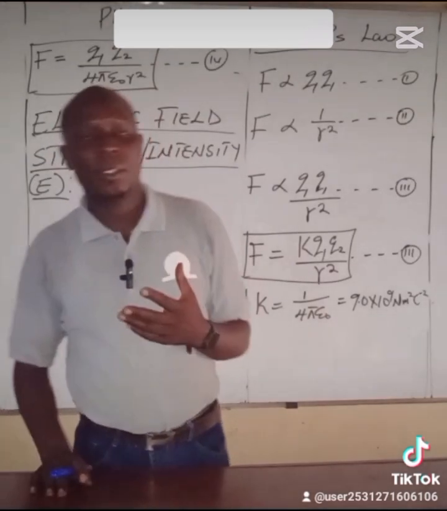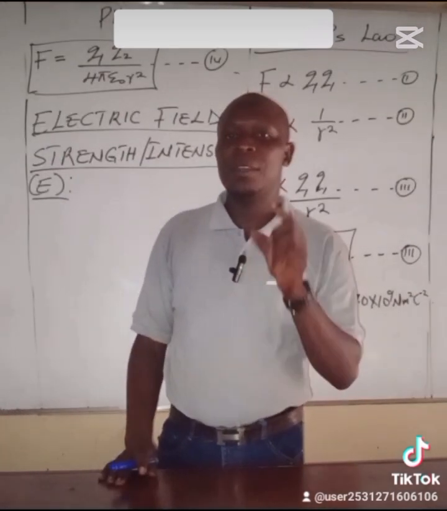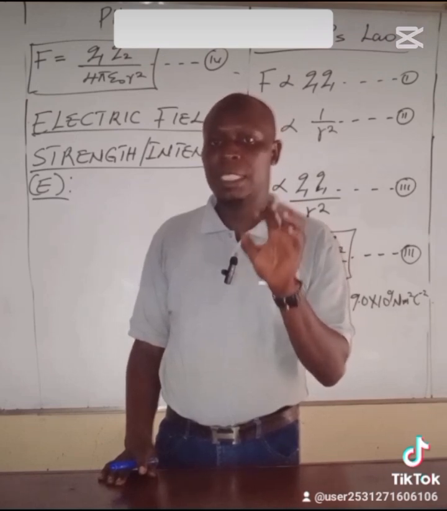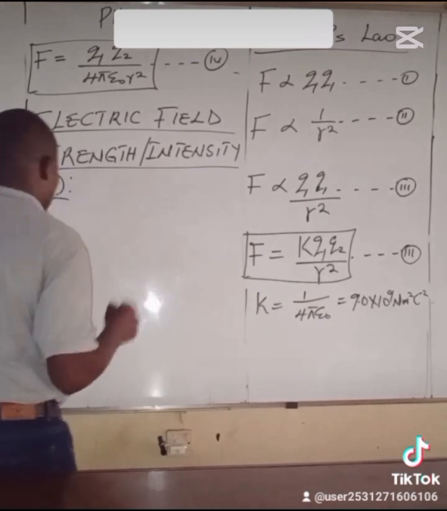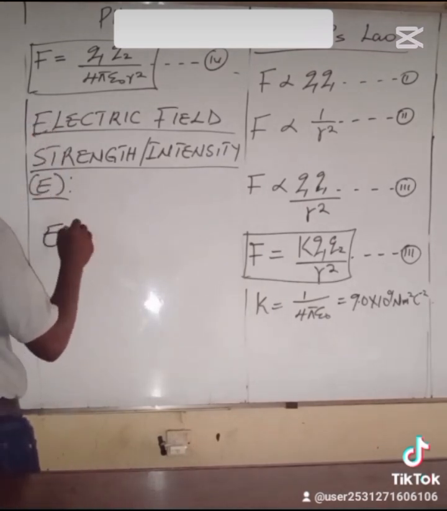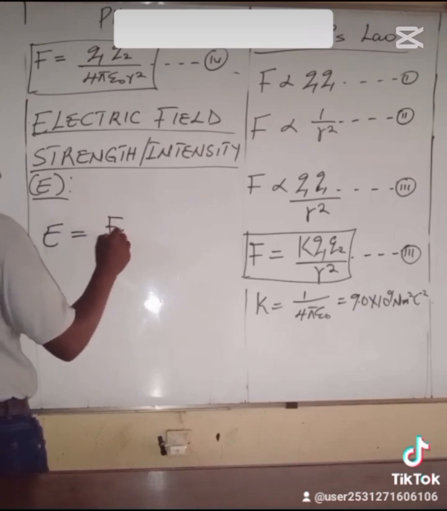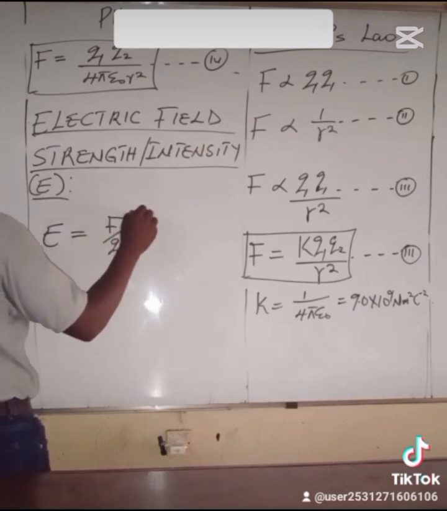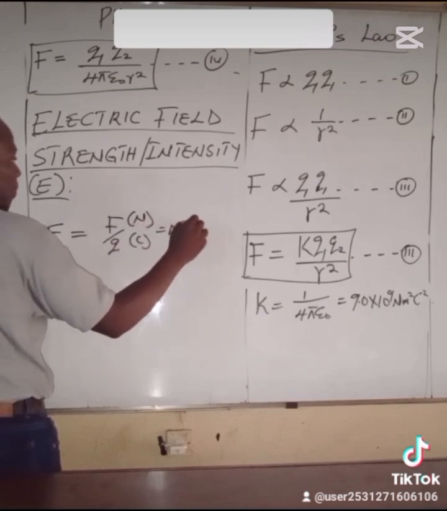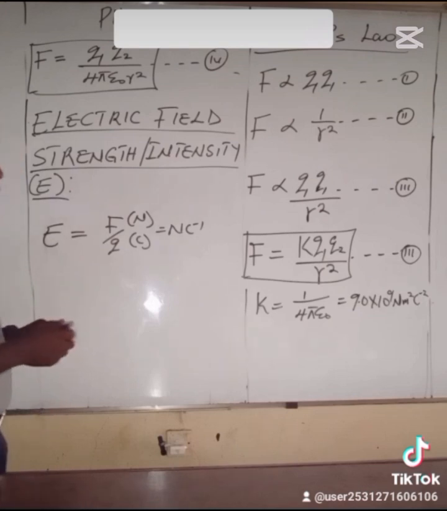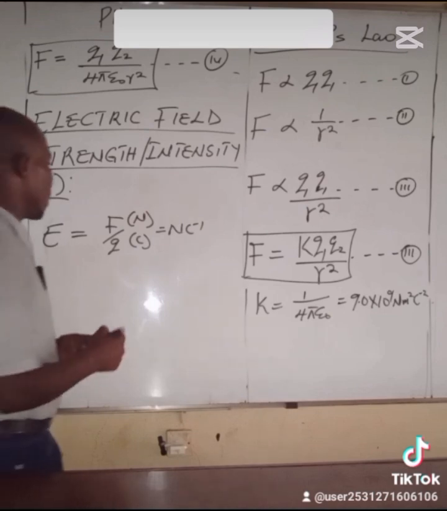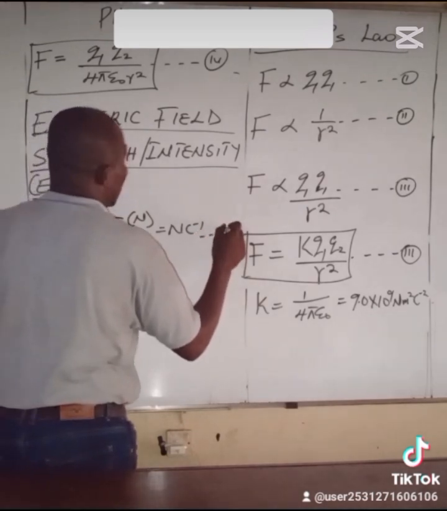Now, what is electric field strength? Electric field strength is the force per unit charge at a particular point. So, electric field strength or intensity E is F over Q. And since F is in Newton and Q is in Coulomb, the unit becomes Newton per Coulomb, which is the unit of electric field strength or intensity. Okay, so we can call this equation 5.